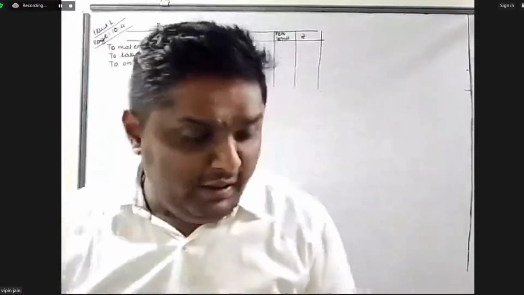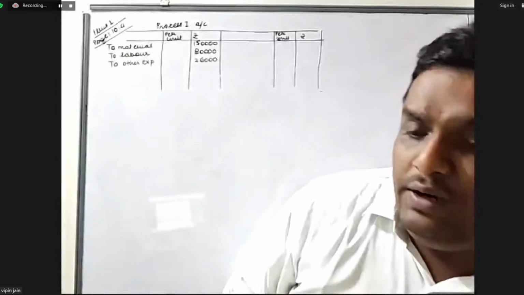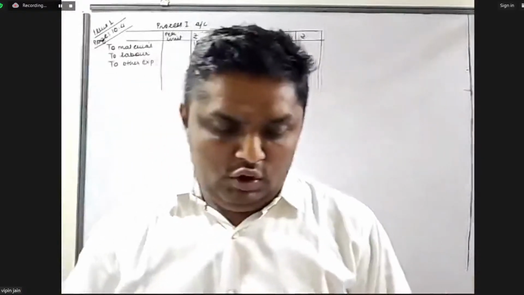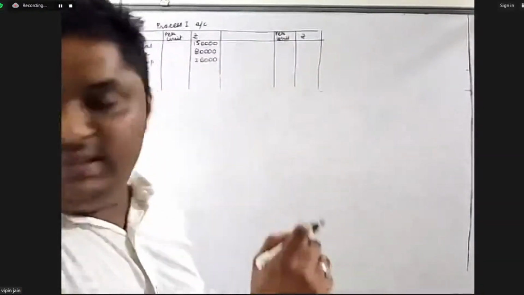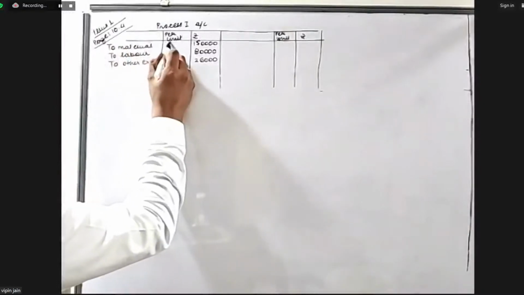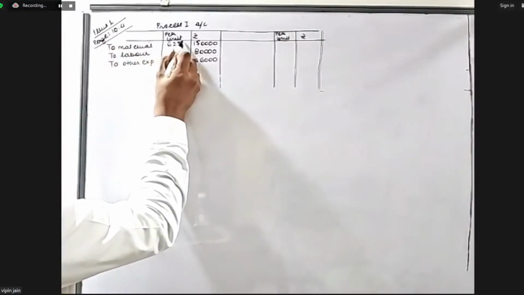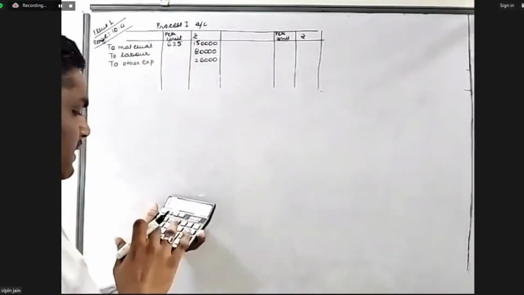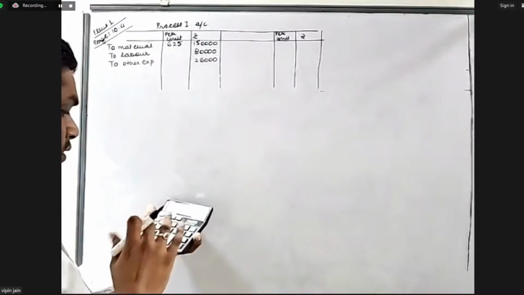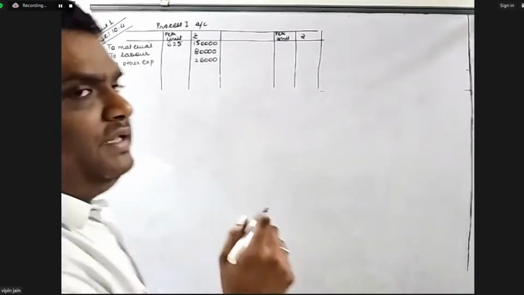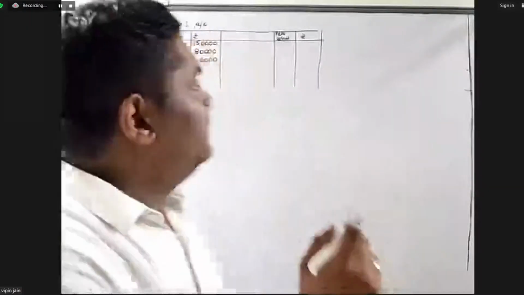The input is of 240 units. So we can easily calculate the per unit cost. So 1,50,000 divided by 240 will get 625. Similarly, 80,000 divided by 240 will get 333.333.